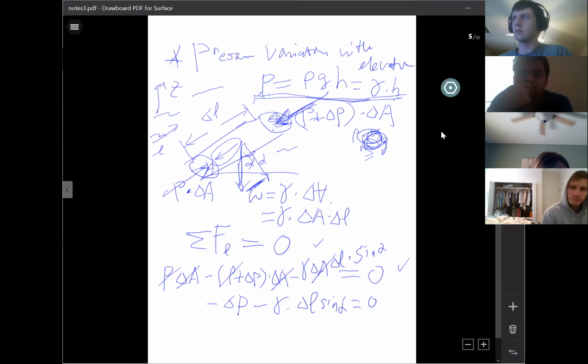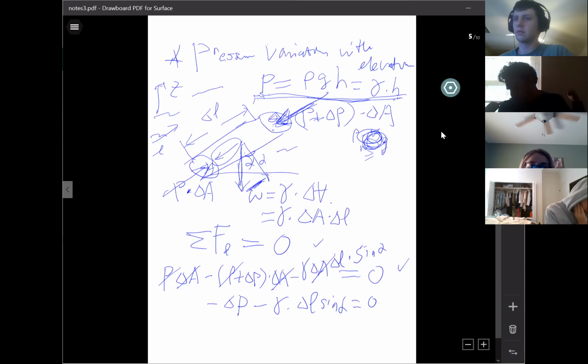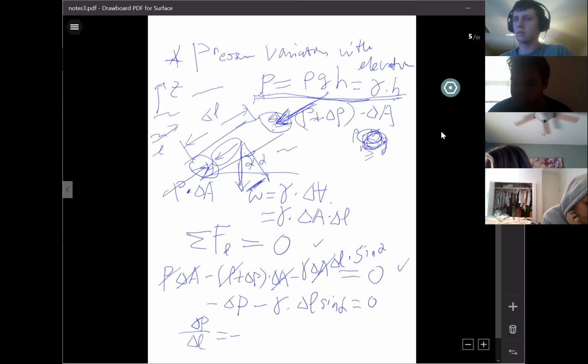If I rearrange it, I put the gamma and the sine to the right-hand side and divide both sides by delta L. Then it will be delta P over delta L equals negative gamma sine alpha. I want to make it look like this because eventually I'm going to turn it into derivatives, delta over delta. Is that right?